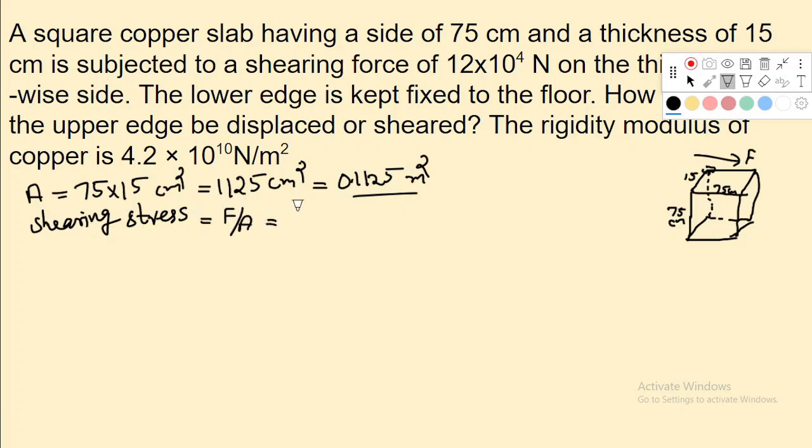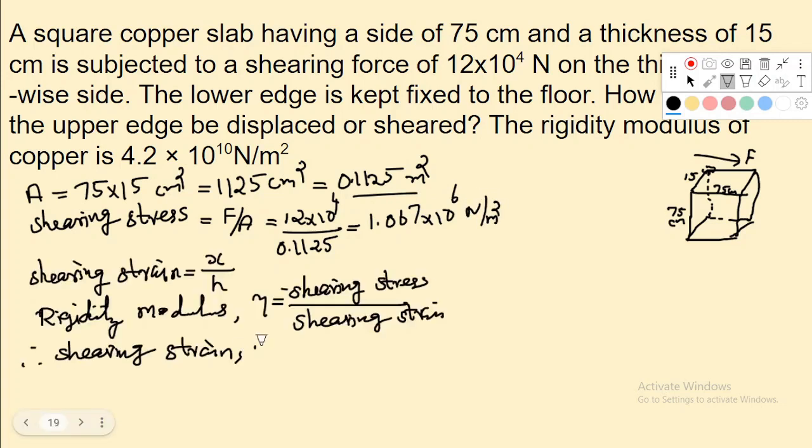Here the force is equal to 12 into 10 raised to 4 Newton divided by the area, 0.1125. So after the calculation you will get 1.067 into 10 raised to 6 Newton per meter square. What do we know is shearing strain, x by h?